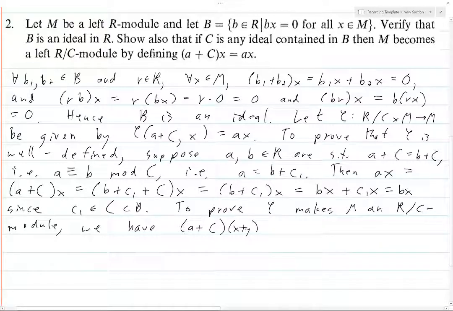So this multiplication is phi, and then a plus b applied to x plus y becomes a applied to x plus y. Let's say this is phi, and this M is a left R module, so the action will be given by psi. So this one is phi here, and this one is actually psi. Ugh, my computer's already freaking out. This is my first video.